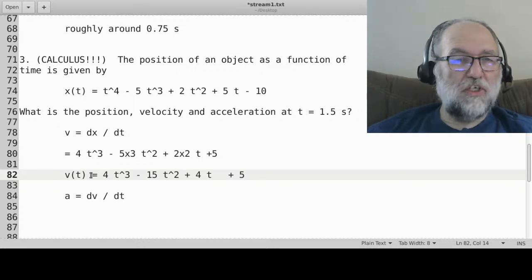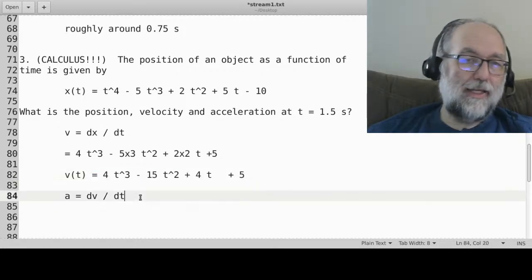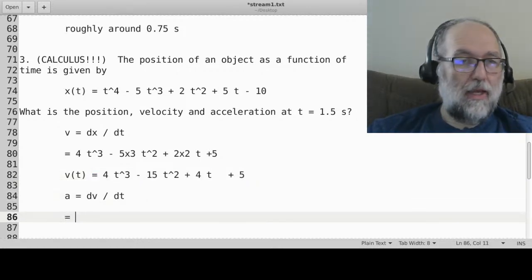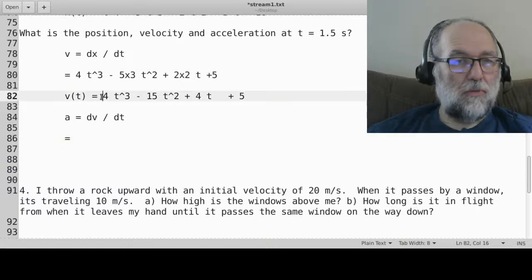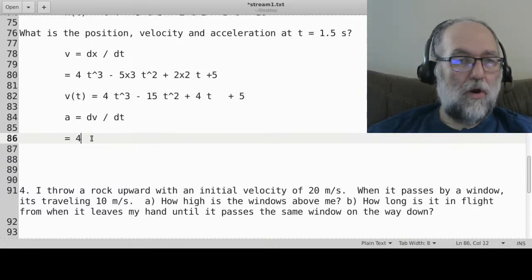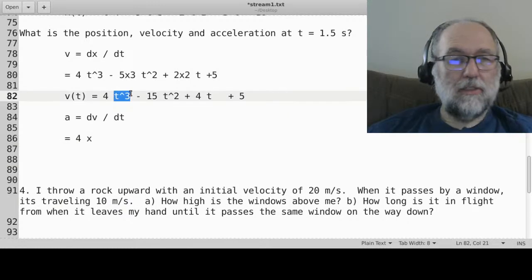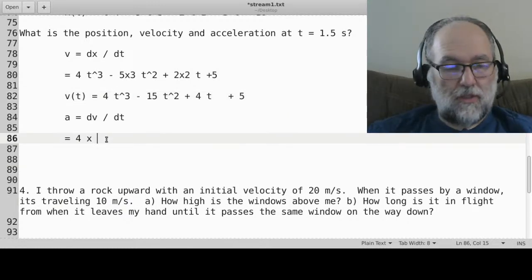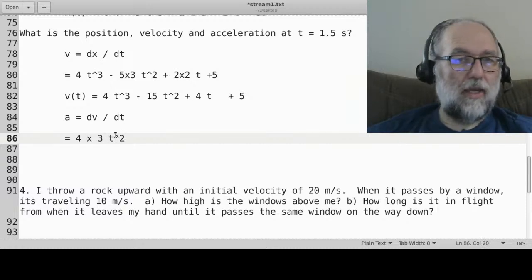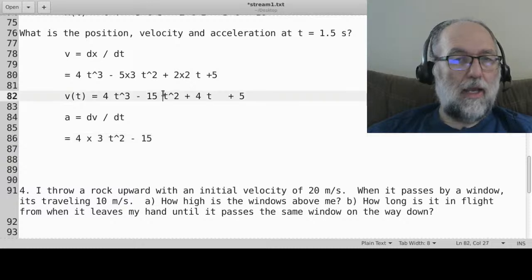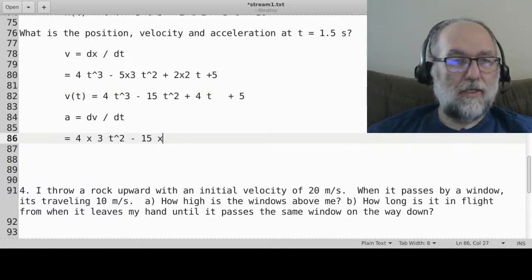Okay, and then we differentiate this again to get the acceleration as a function of time, and we start with this term right there. We have a 4 multiplied by the derivative of t cubed, which is 3t squared, minus 15, and the derivative of t squared is 2t.